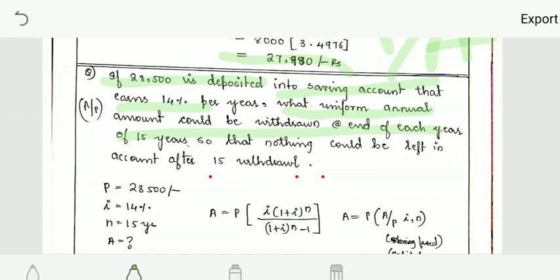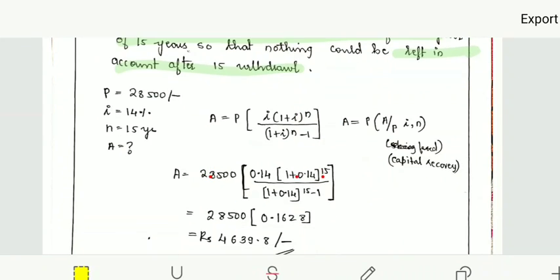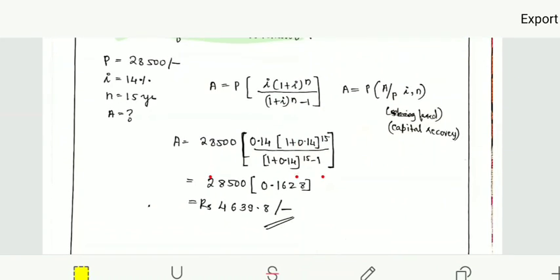Today's present value: today you are making an investment of 28,500. That 28,500 will earn interest of 14% for 15 years. So how much is the amount that you can withdraw every year is what you have to find out.